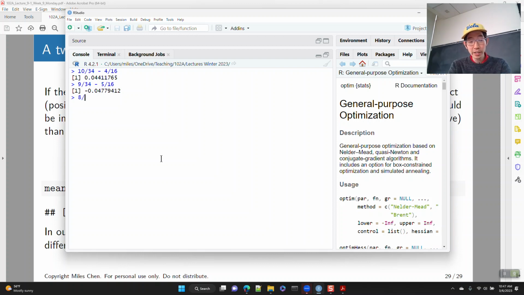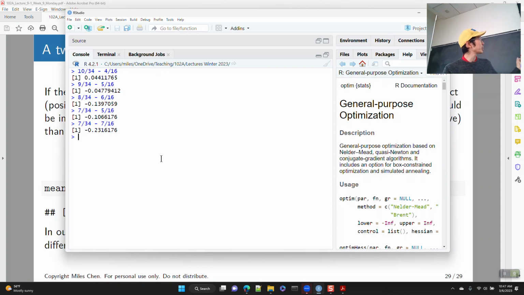I could also have 8 out of 34 minus 6 out of 16, right? So we have a total of 14 people yawning, so I could do an 8-6 split, and I would get negative 0.139. Or I could do 7 and 7, okay?